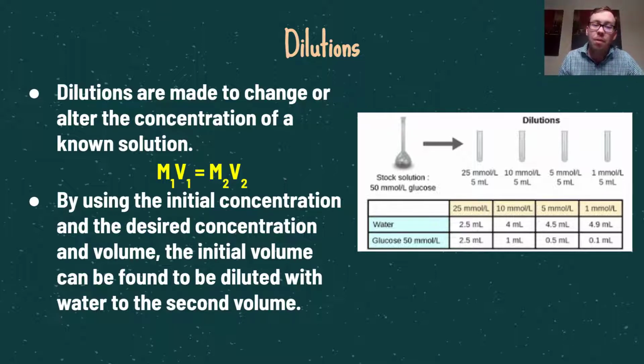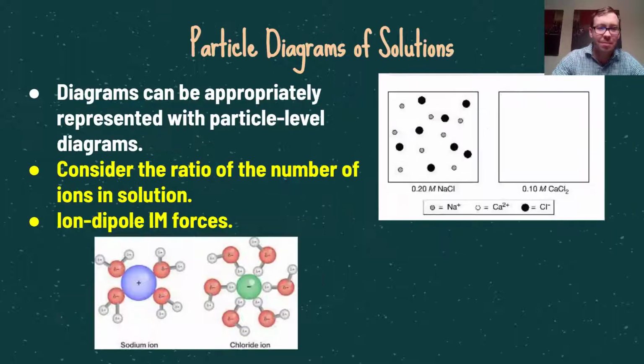So utilizing M1V1 equals M2V2 is a really quick way to determine how much of my initial starting material I need to use and then how much water I need to add in order to get my second volume. So it's a very, very useful tool and a very useful equation when you're going through and figuring out how am I going to go through and dilute these solutions.